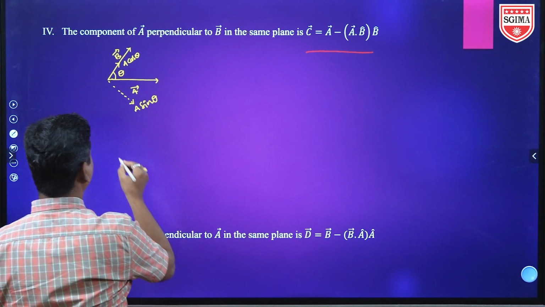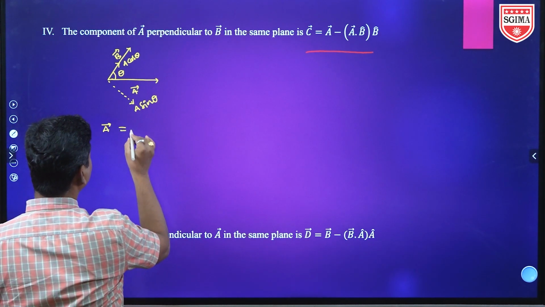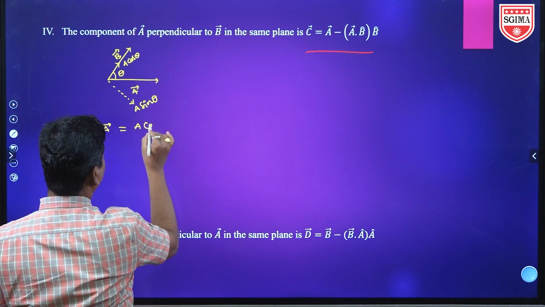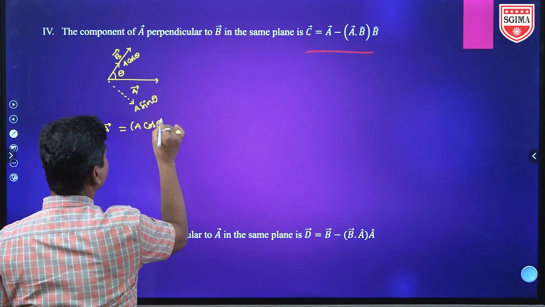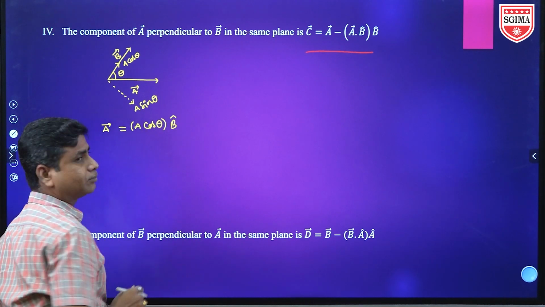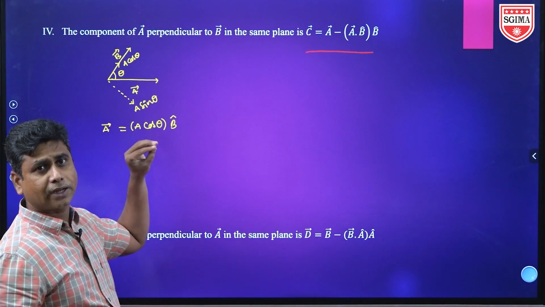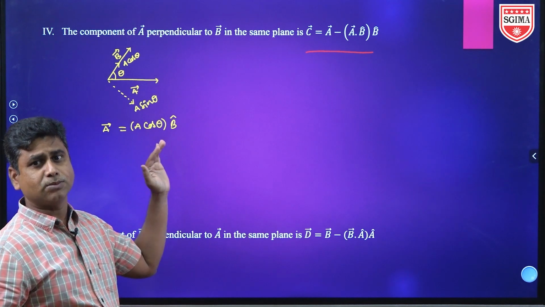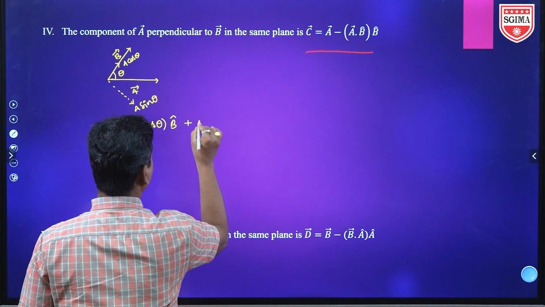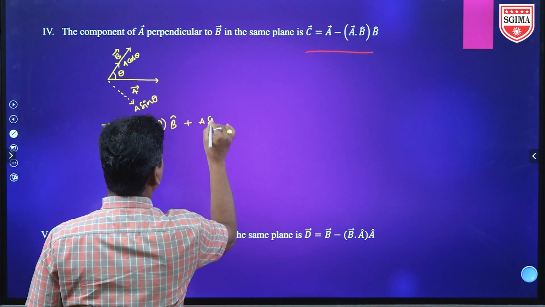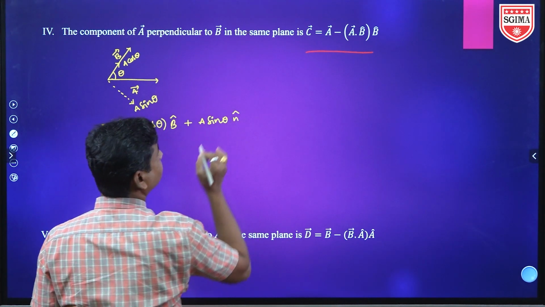Here we can write the a bar vector as A cos theta, which acts along the direction of b bar, so it is multiplied with the unit vector b cap, plus A sin theta. Its direction is unknown, normal to that, so it is multiplied with n cap.